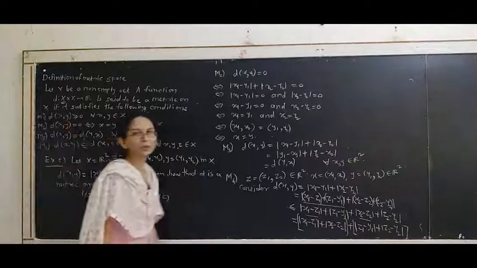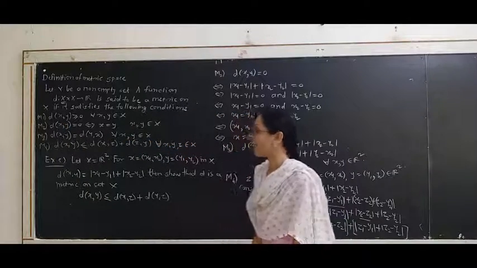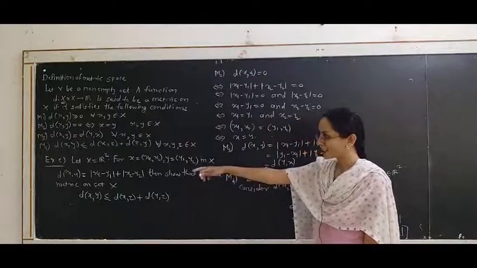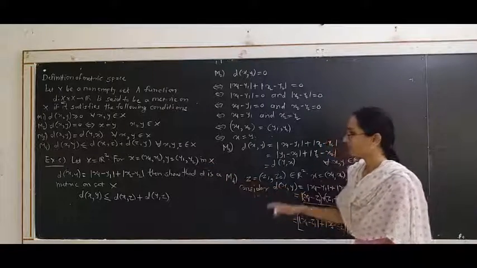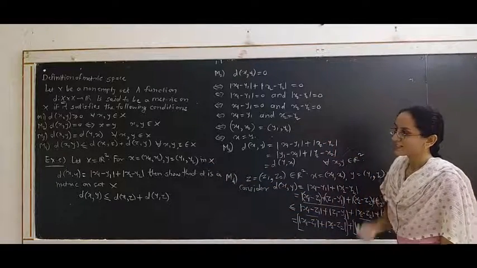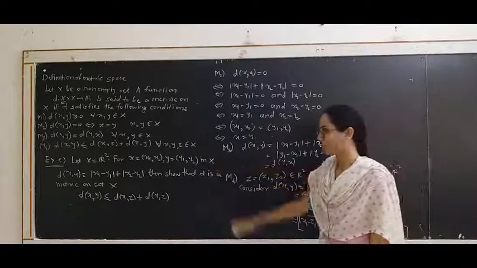Hence, all the four properties of the metric are satisfied by the given defined metric. Hence, d is a metric on set R2.